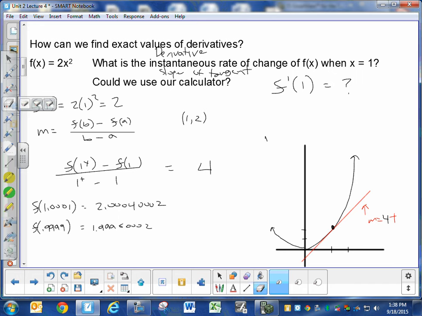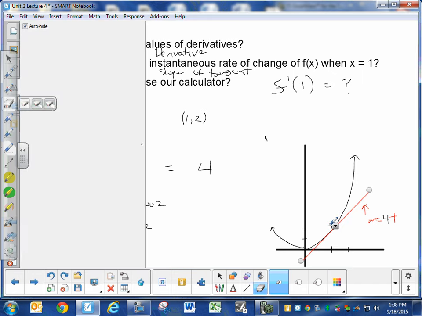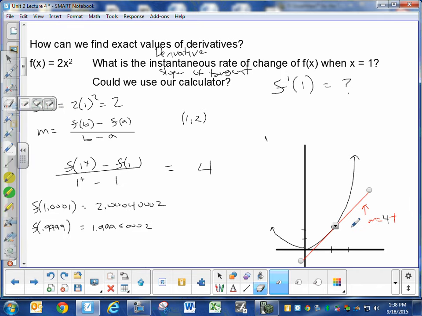But as they get closer and closer together, they're essentially on top of each other. Well, that's the same thing as if I just took the point 1, 2 and used 1 to the right of it, because they're essentially just next to each other. It would have given us the same value, okay? So cool. I just figured out how to find the tangent slope.